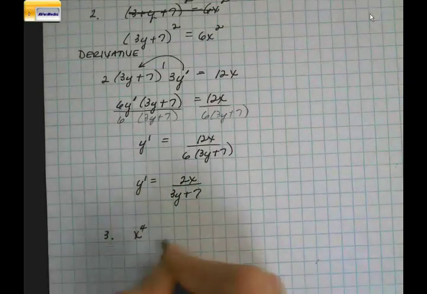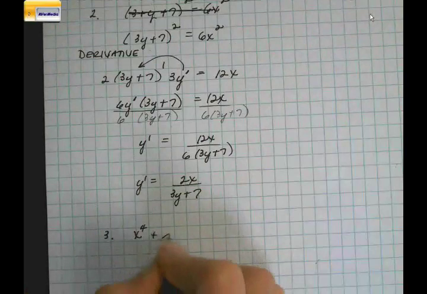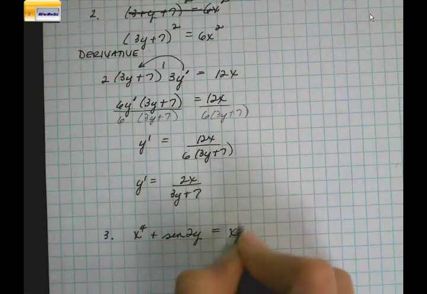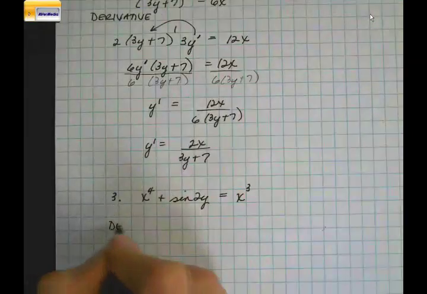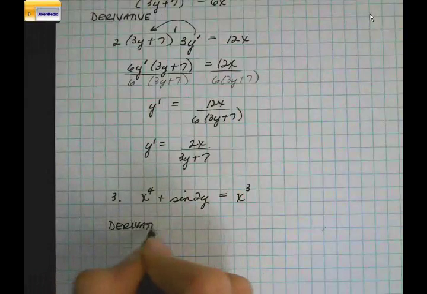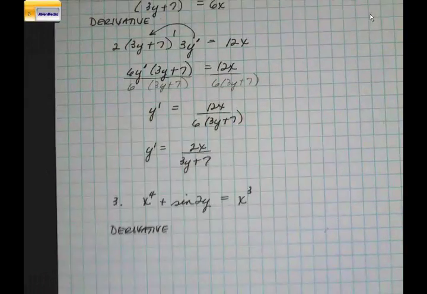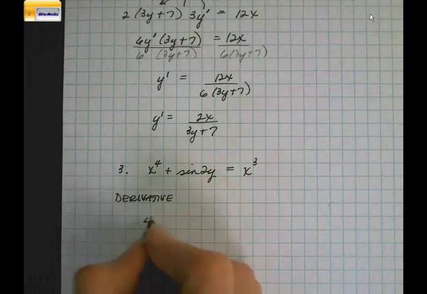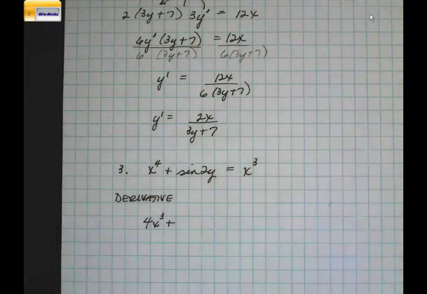Suppose we have x to the 4th plus sine of 2y equaling x cubed. They asked me to take the derivative with respect to x. So the derivative of x to the fourth is no big deal. That's just 4x cubed. The derivative of sine 2y, there's your y variable.